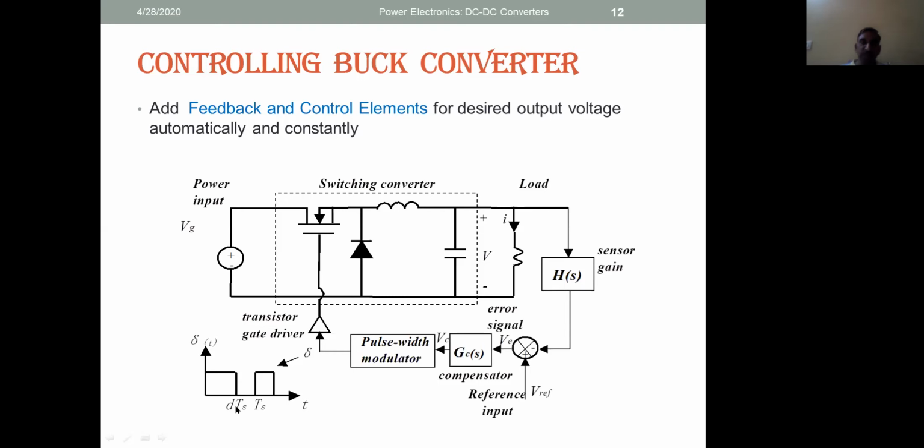And during this period, no pulses are generated. Here again, a pulse train is generated. And this pulse train is switching the MOSFET on and off. And why are we using a MOSFET? Because we are switching this converter at a rate of 40 kilohertz and above, as we discussed.